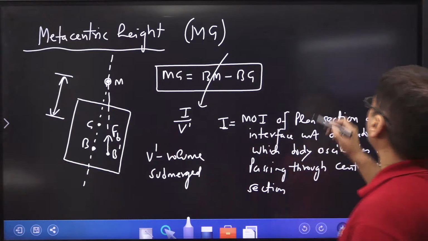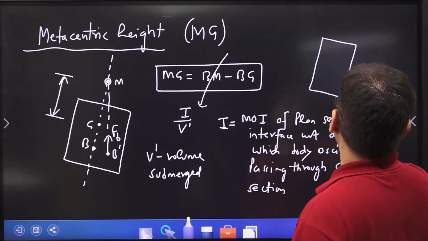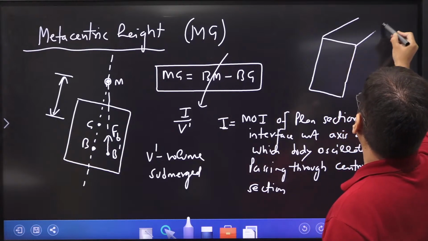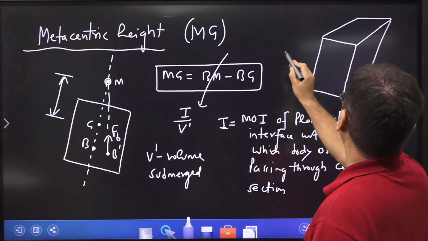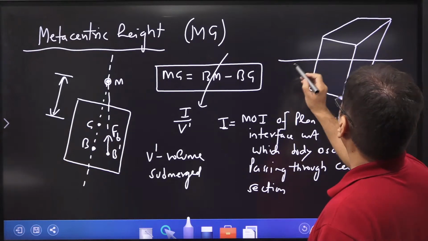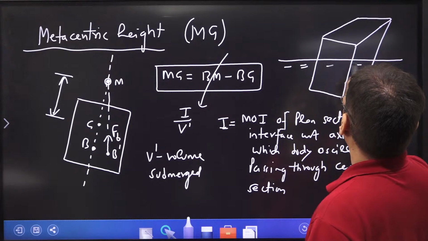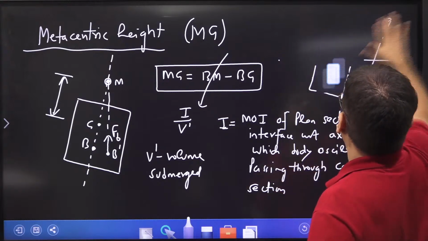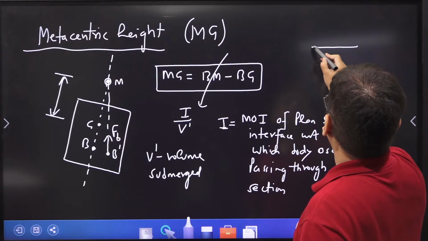Let us say this particular part, this is the body, this is the shape of the body, and let us say this is the liquid in which it is now submerged. Or let's try to take it inclined. It is similar to, let me give you this diagram.